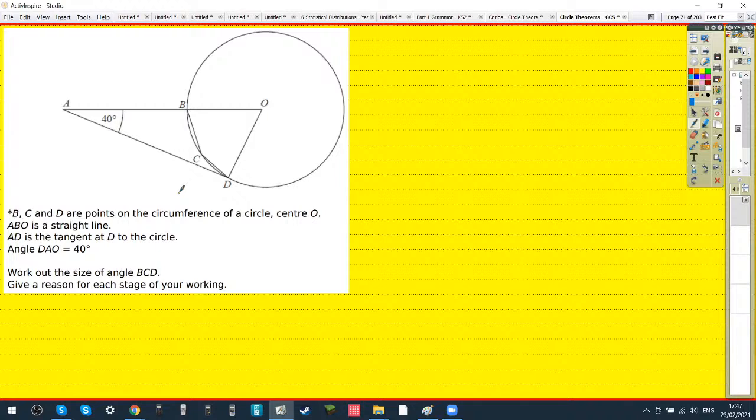AD is the tangent at D to the circle. ABO is a straight line.